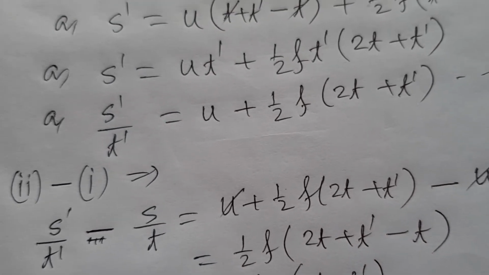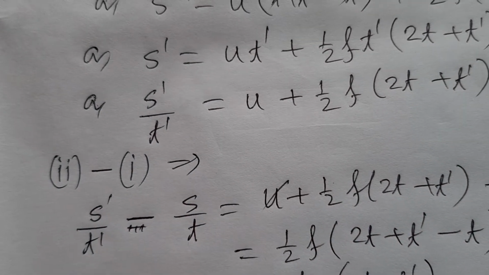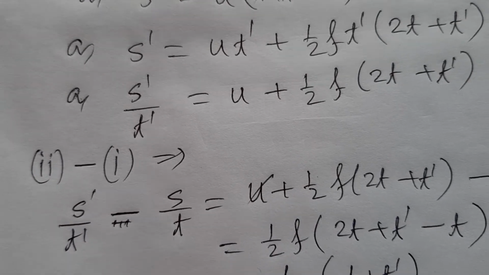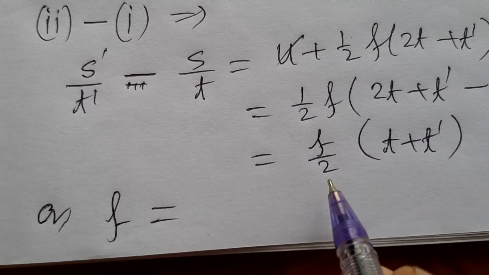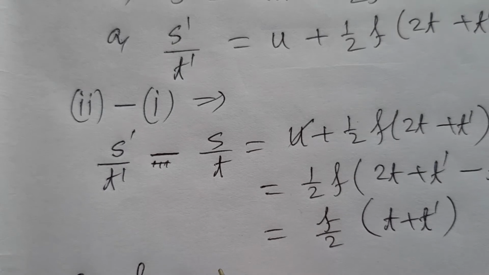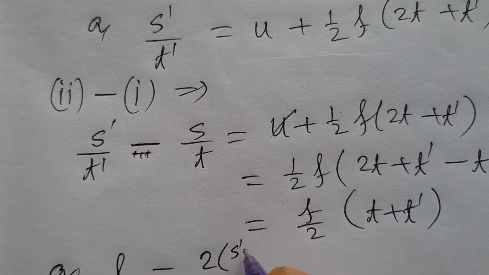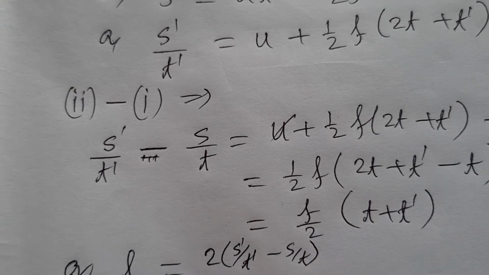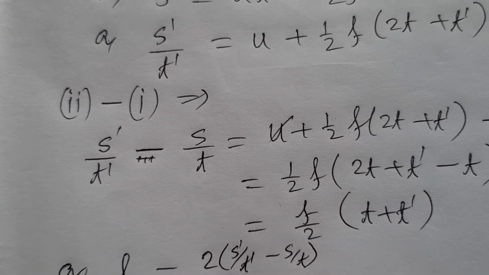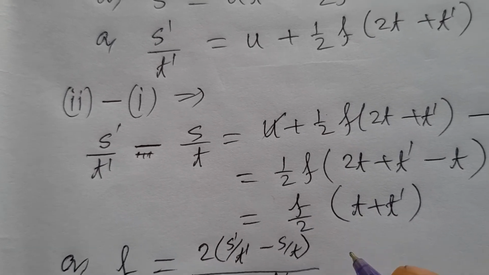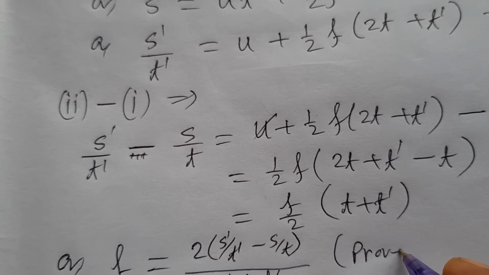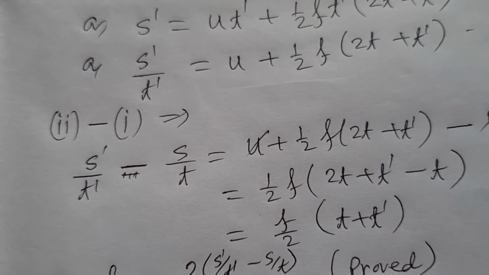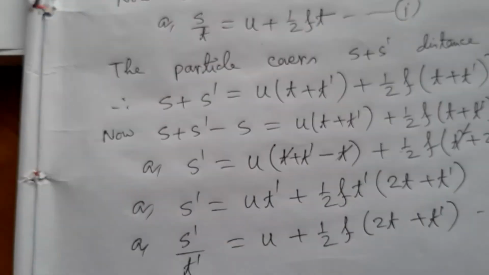That is, f is equal to 2 into s prime by t prime minus s by t, divided by t plus t prime. So this is proved. Example number 4.